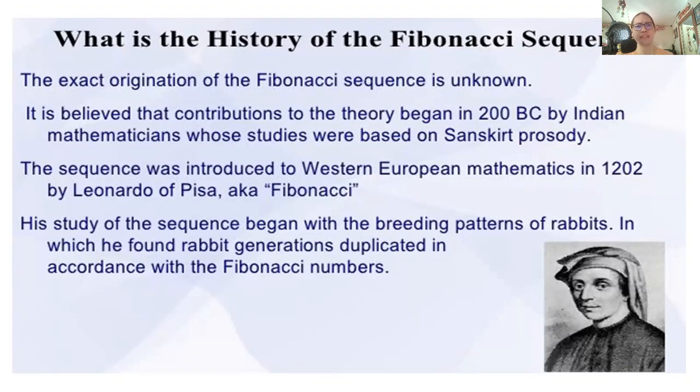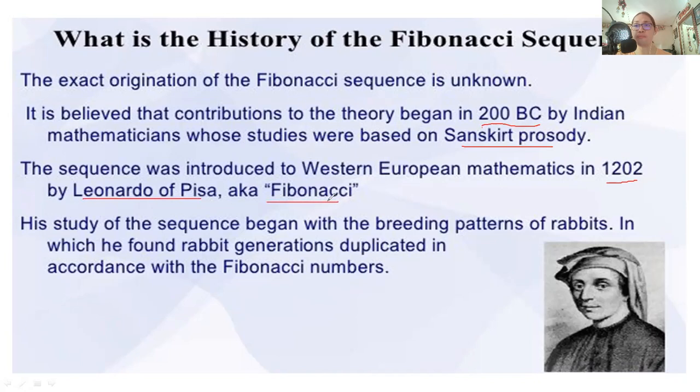It is believed that contributions to the theory began in 200 BC. This is just a belief, with no proof, by Indian mathematicians whose studies were based on Sanskrit prosody. The sequence was introduced to Western European mathematics in 1202 by Leonardo of Pisa, aka Fibonacci.